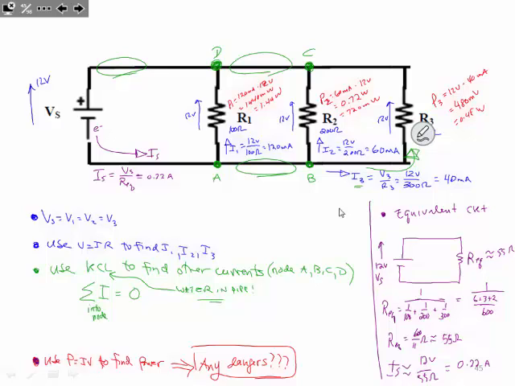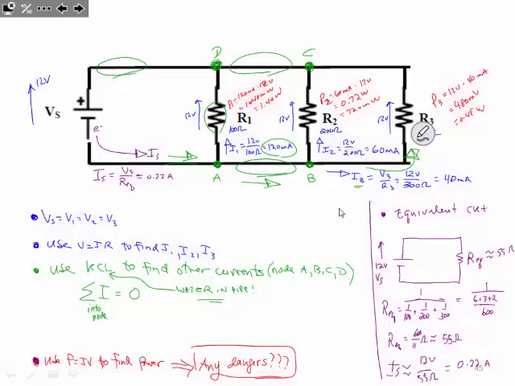Well, use water in a pipe. So I've got water coming through this pipe right here, and it's going to branch two ways. I already know that 120 milliamps branches through R1. Then the remaining water continues to flow here, and that branches.